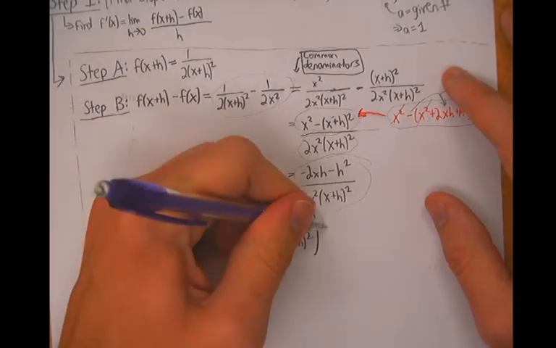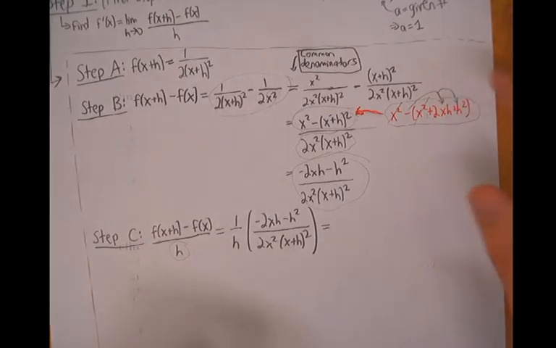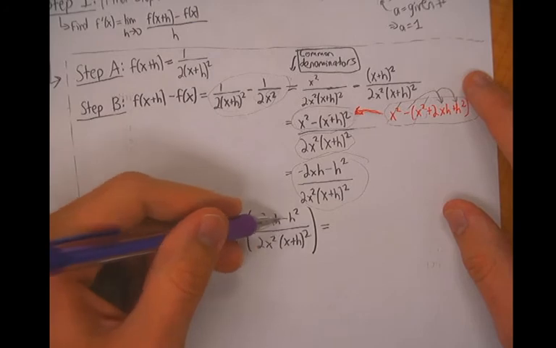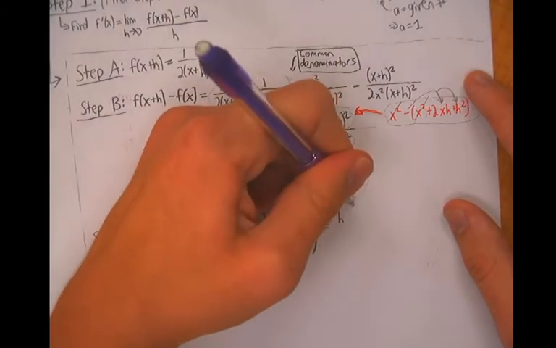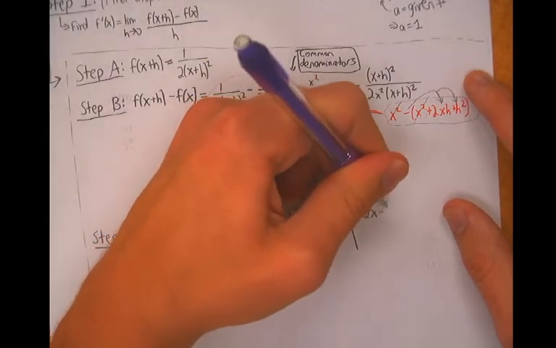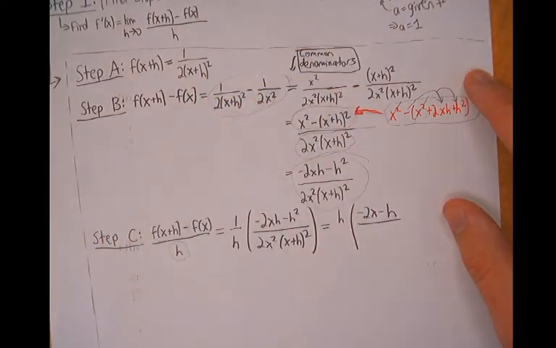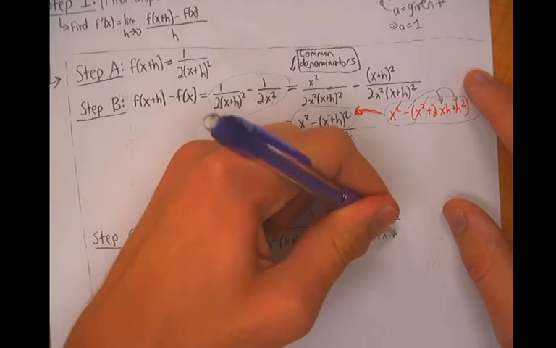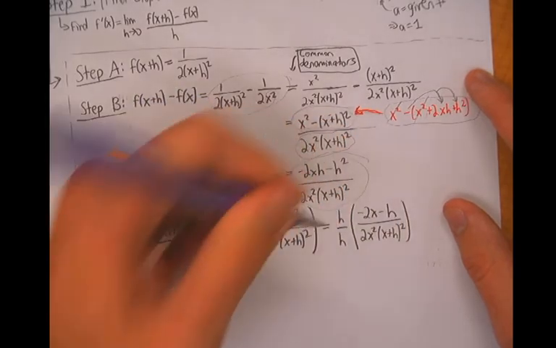So taking this into account, how can we simplify this? Go ahead. You can try and take out a factor first. Okay. So if we do that, then if we factor out a factor of h here, we have h times negative 2x minus h divided by 2x squared times x plus h quantity squared, and then divided by h.